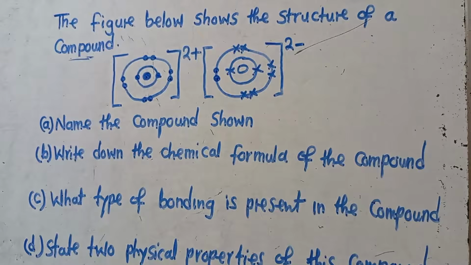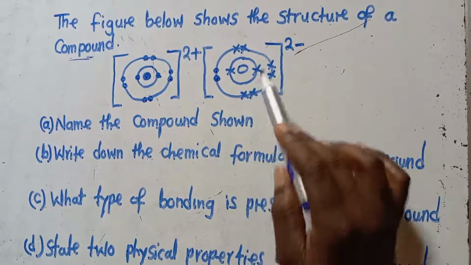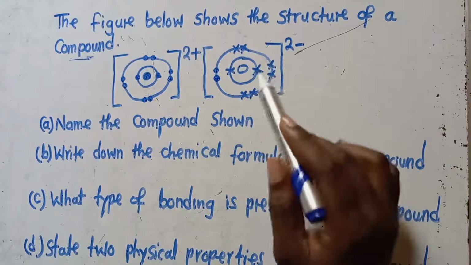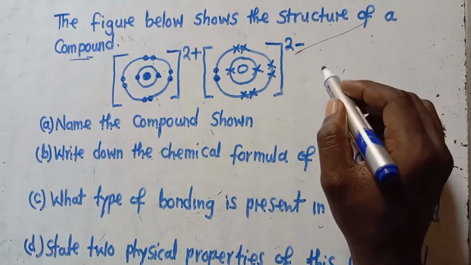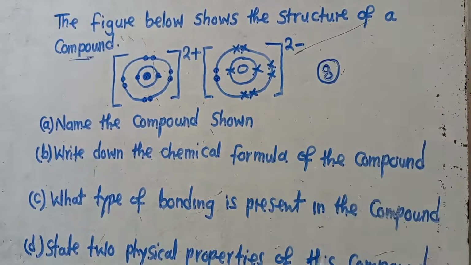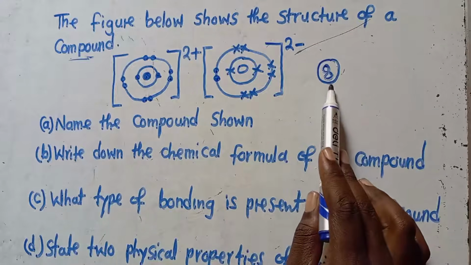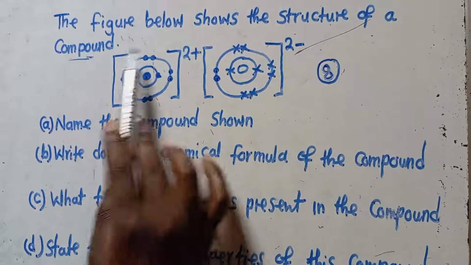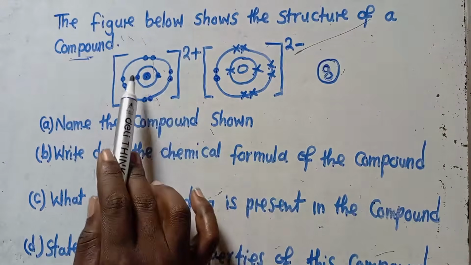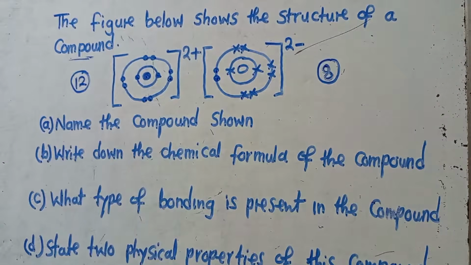This one is having 10 because it has gained 2, so we remove the 2 and we are remaining with 8 electrons. So its natural atom was having 8 electrons. How about this one? This one is having 10. It has lost 2, so if we bring back the 2, we are going to have 12 electrons.